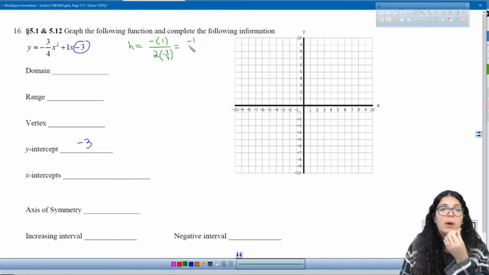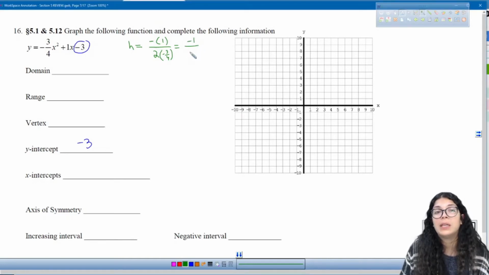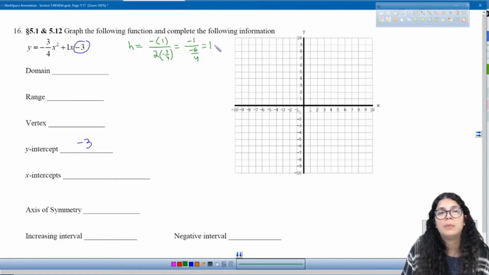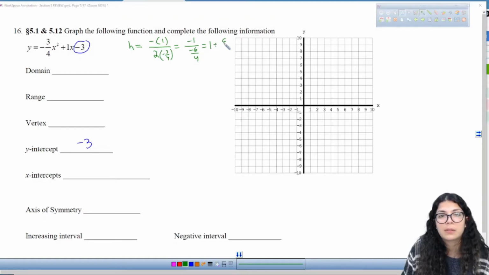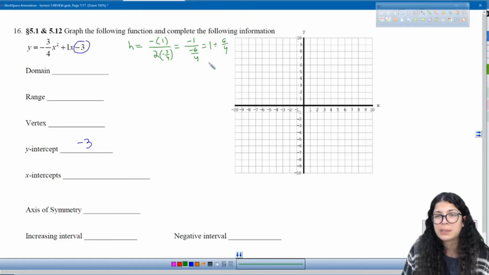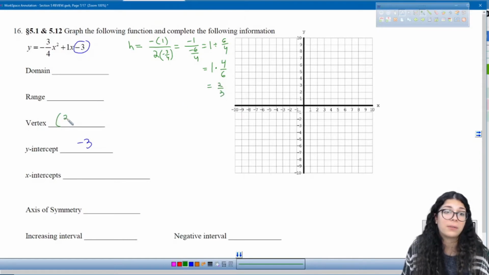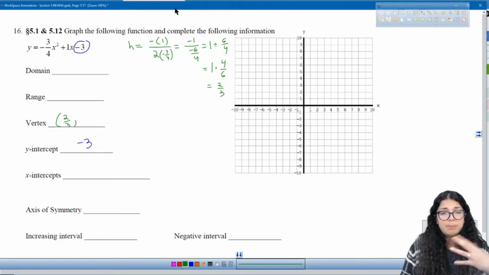So we got -1 over 2 times -3 is -6 over 4. A negative divided by a negative is a positive, and we have 1 divided by 6/4, right? Dividing by any number is the same thing as multiplying by the reciprocal. So this is 1 times 4 over 6, which would of course just be 4 over 6, and 4 over 6 simplified to 2/3. So the x value of the vertex is 2/3.